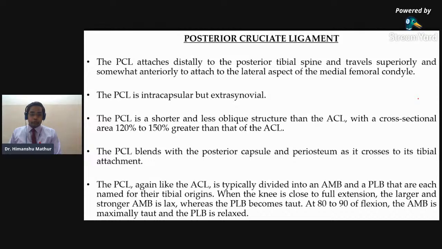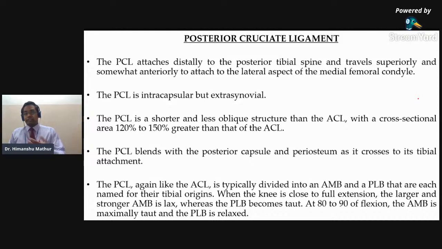Now, the posterolateral complex involves the posterior cruciate ligament also. It involves the oblique popliteal ligament, the arcuate popliteal ligament, and the posterior capsule also. It is that particular area which is not much strengthened by a thickening of the capsule or the presence of too many muscles to make that area a little thicker.